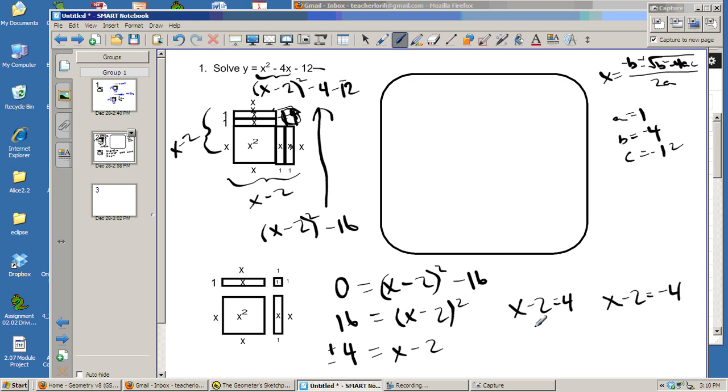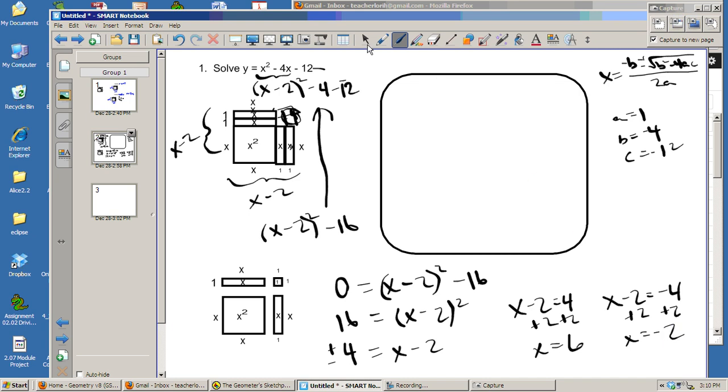And if x minus 2 is 4, that means x is 6. And if x minus 2 is negative 4, that means x is negative 2. And so my two solutions would be 6 and negative 2.